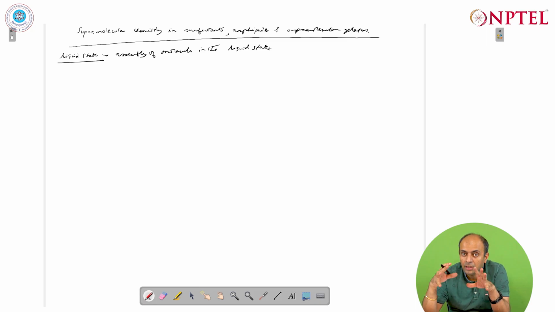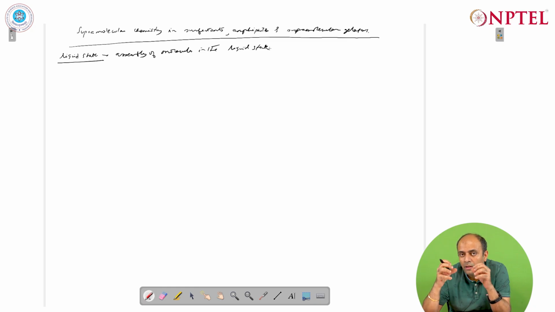Still, because of thermal energy, they are free to move around in different regions of the liquid. But there also exist hydrogen bonds between specific functional groups of the liquid molecules, so liquids are also characterized by a certain range of ordering.